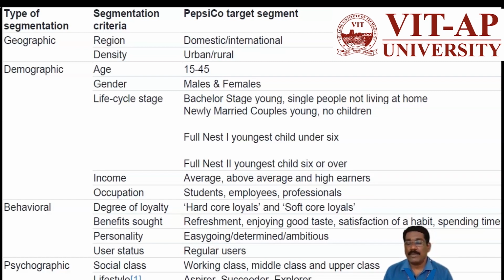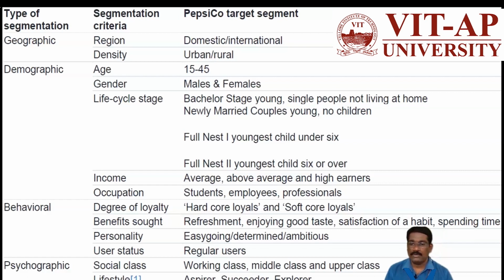And finally Pepsi also uses behavioral segmentation based on degree of loyalty, hardcore loyals or softcore loyals, and benefits are refreshment, enjoying good taste, satisfaction of habit, spending time, and also the personality, easygoing, determined, ambitious, and also user status.